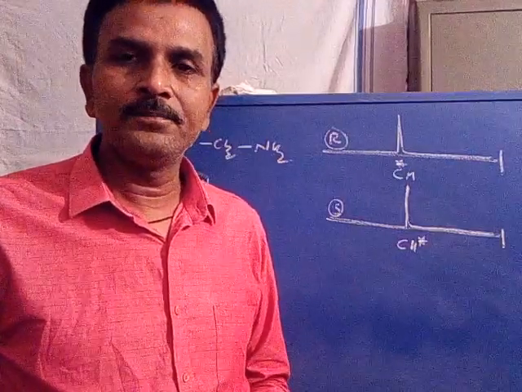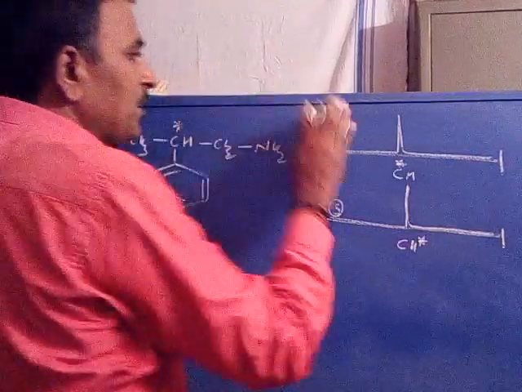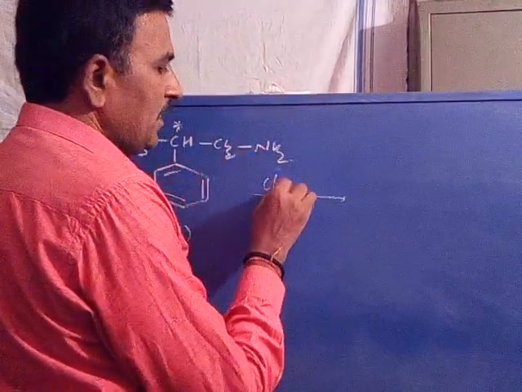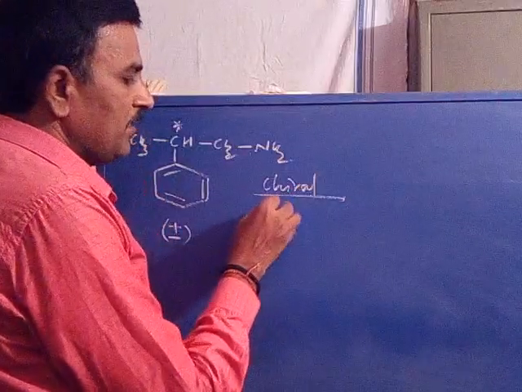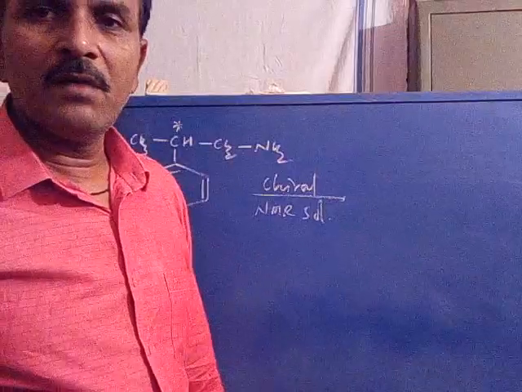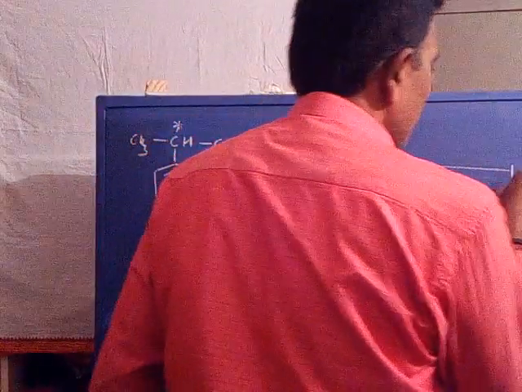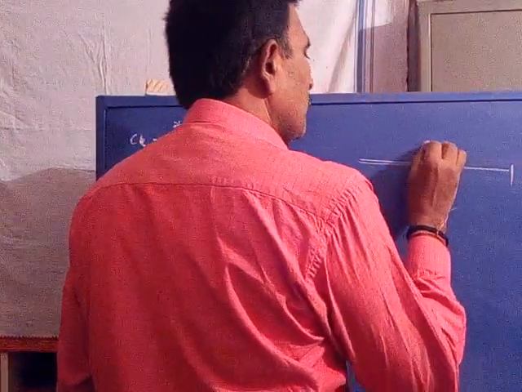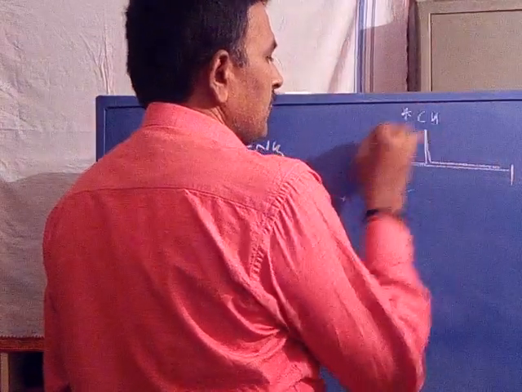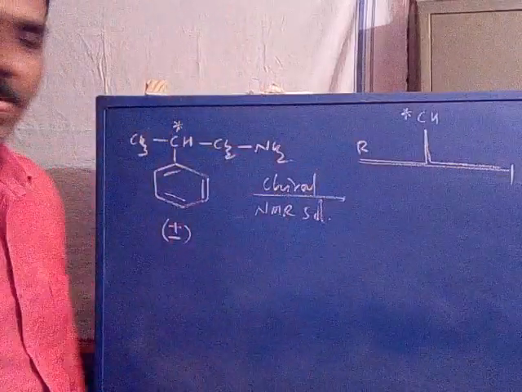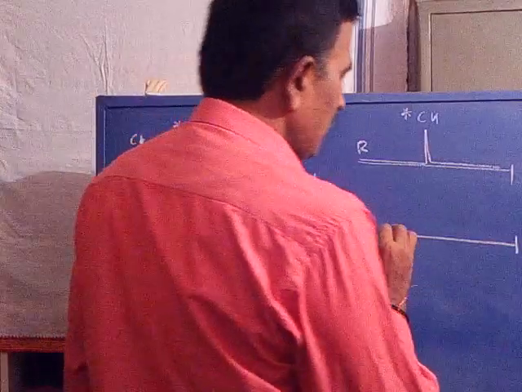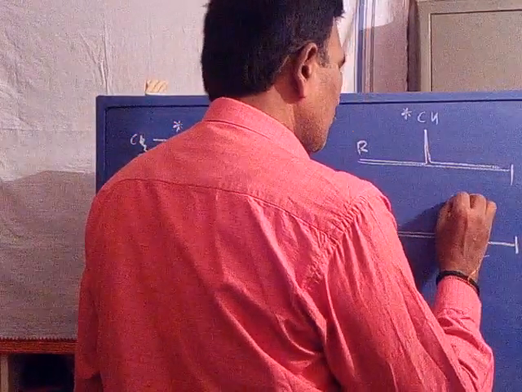But when we add chiral solvent to that, chiral NMR solvent, you see what happens. A CH proton signal of R isomer, a CH proton signal of S isomer.